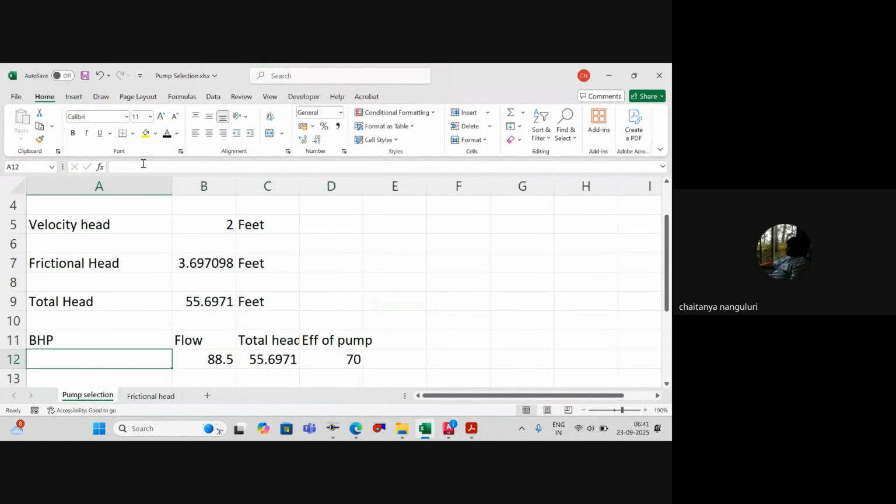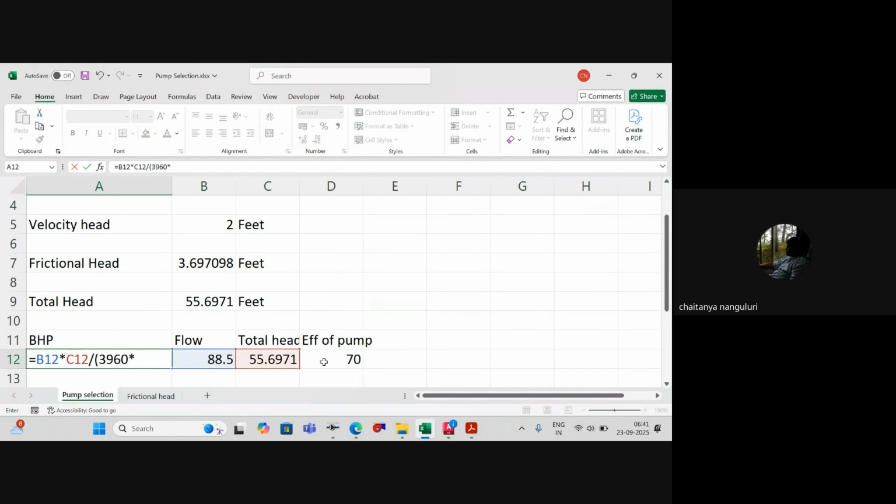So your brake horsepower is equal to flow rate into head, divided by 3960 into efficiency. The efficiency should be in fraction, so 70% is 0.7.